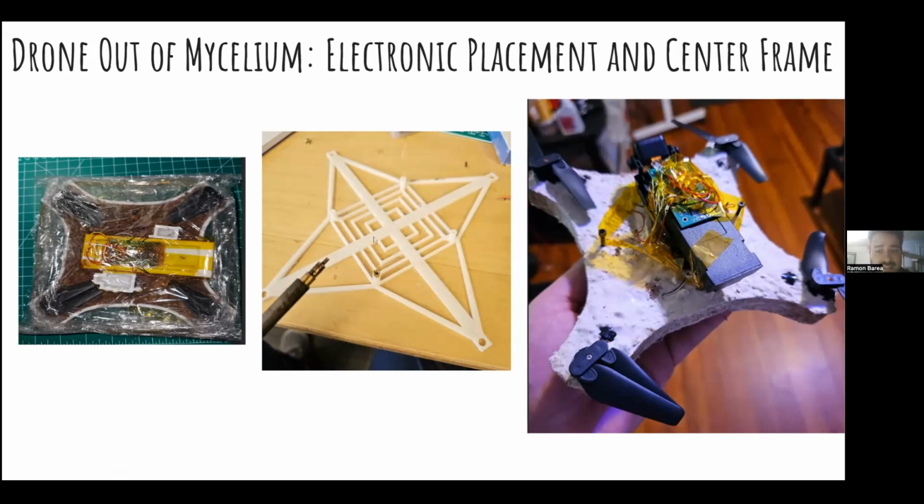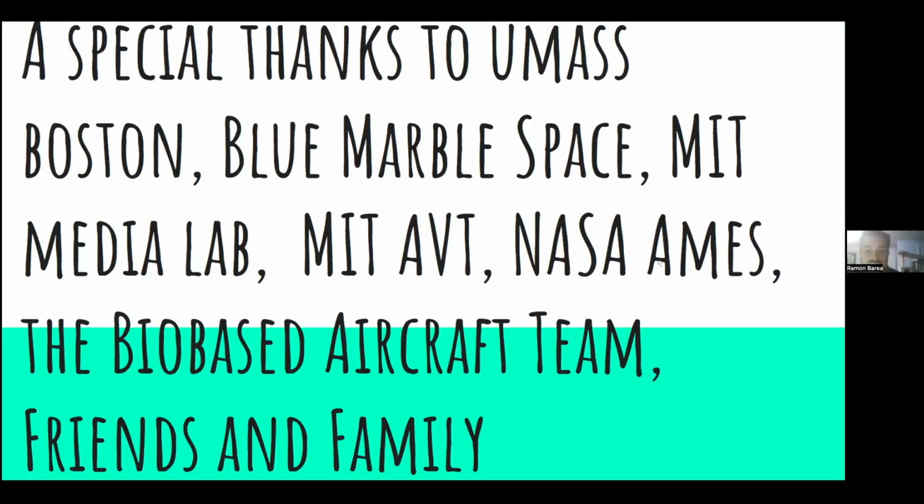I placed this center molding in here as well so that I can put heat inserts and allow expandability in case I want to create a cover for the controller modules. But overall, it was found that the drone was a bit too heavy to fly, but the propellers all worked. It survived the process. I just have to do some subtractive processing, and eventually this will be up in the air. So that is the end of my presentation.